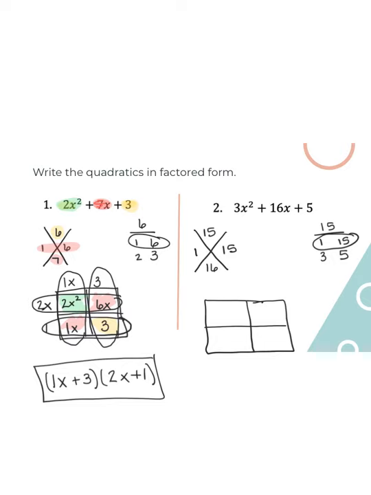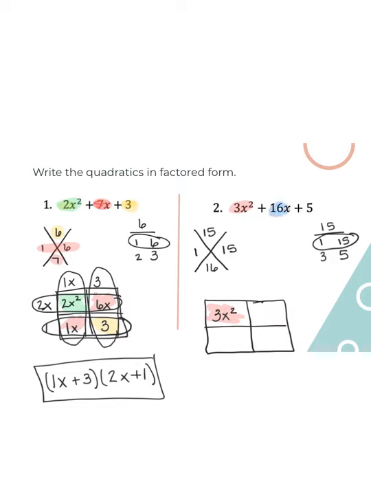Okay, and now I'm going to start with this 3x squared, and that's going to go right here. Now I'm going to replace my b term.